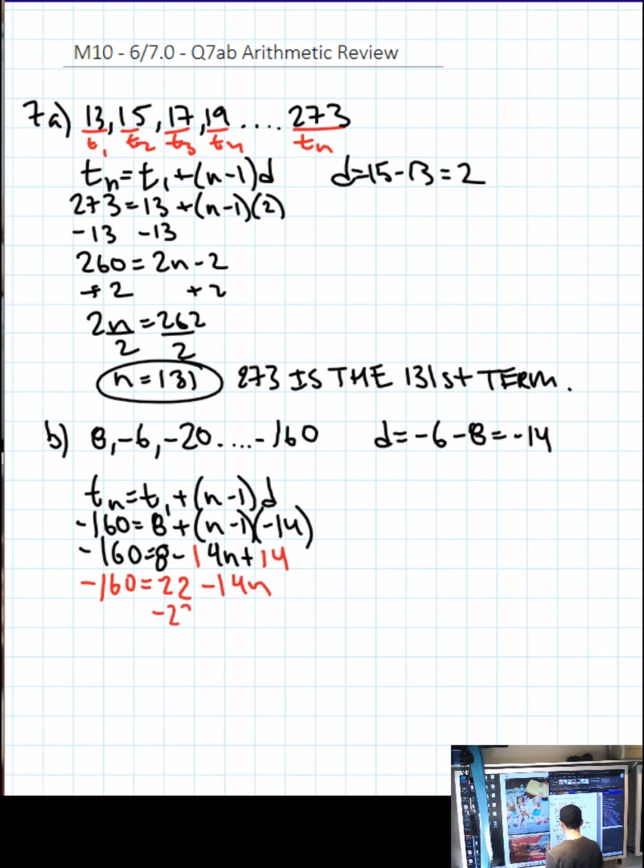If we minus 22 from both sides, negative 160 minus 22 will be negative 182 equals negative 14n. And if we divide both sides by negative 14, n equals 13, and we have the 13th term.